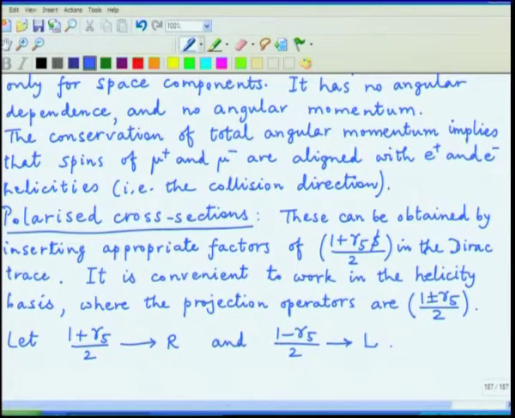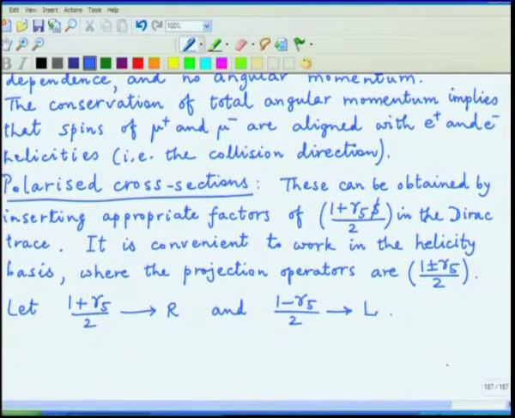Okay. Now, the interesting point is to look at this structure of the interaction which we have in the helicity basis, and the typical objects are the currents.